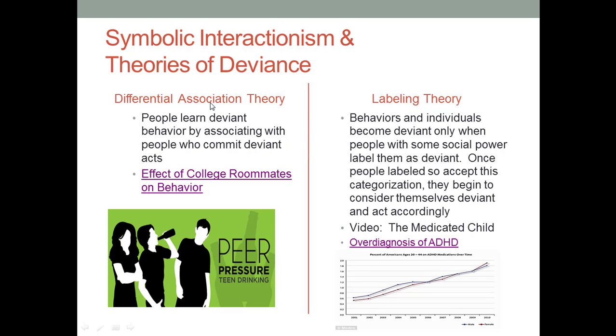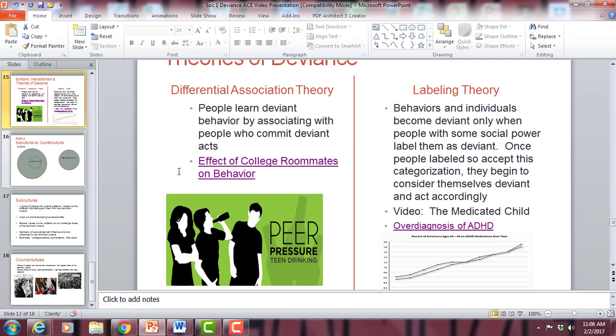One is differential association theory. Big fancy word for something we probably are all familiar with. This is a theory that deviance is learned by associating with people who commit deviant acts. Hanging out with the, quote, bad kids, being worried about your kids' friends, these sorts of things. In fact, there's lots of research to back this up.